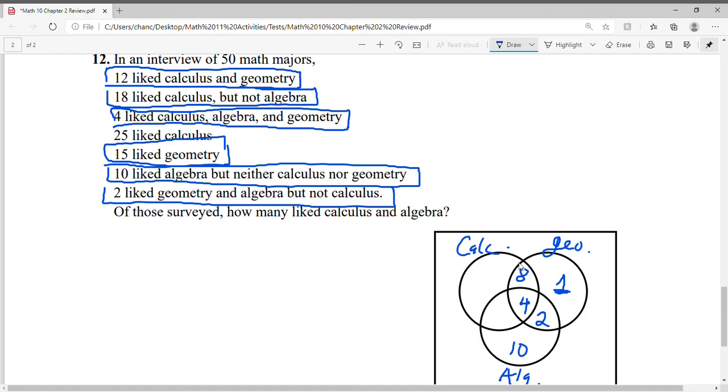So I know that this part of the circle must be 18 total, so this must be 10. 8 plus 10 gives us the 18. And at the very end, we know that 25 liked calculus, so 10 plus 8 plus 4 gives me 22, and this circle has to add up to 25, so I know this has to be 3.